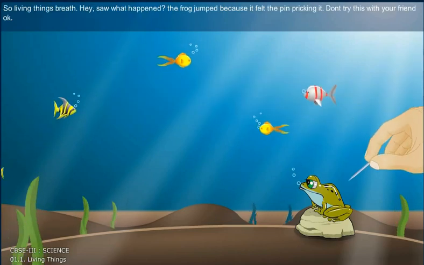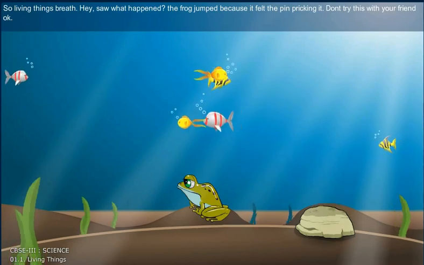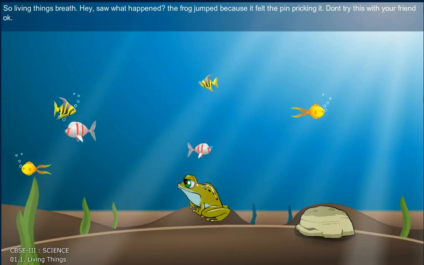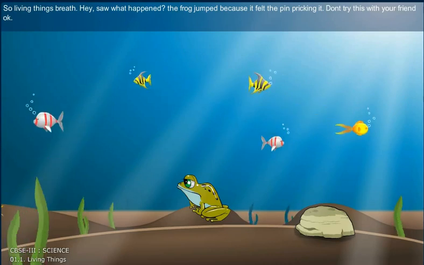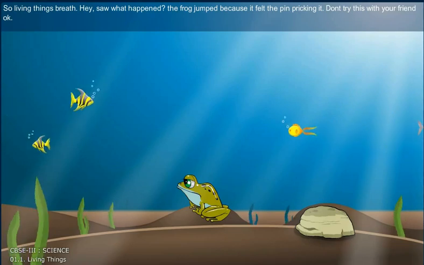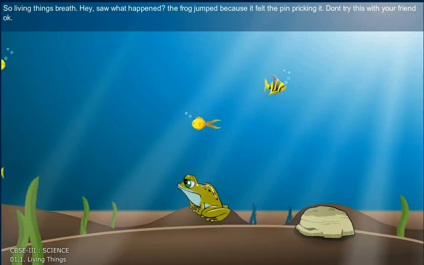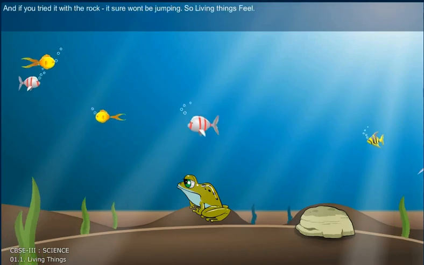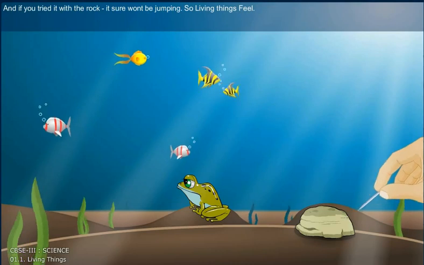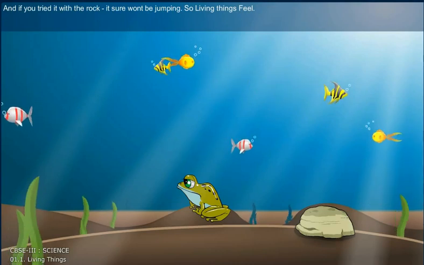Hey, so what happened? The frog jumped because it felt the pin pricking it. Don't try this with your friend, okay? And if you tried it with the rock, it surely won't be jumping. So living things feel.